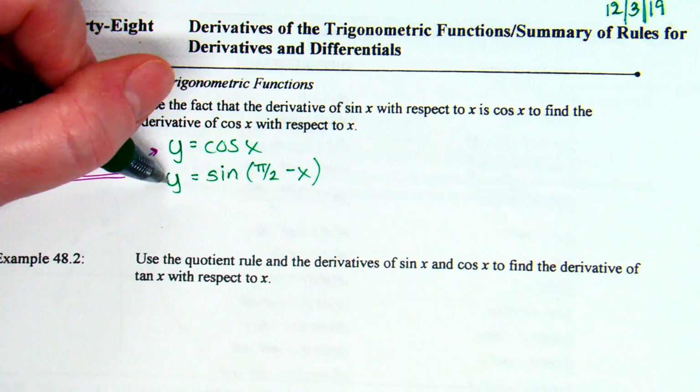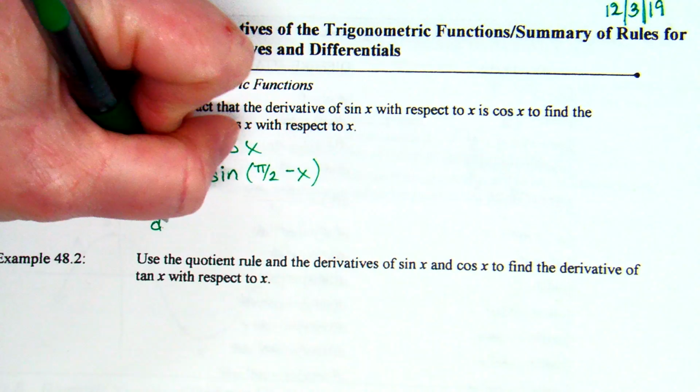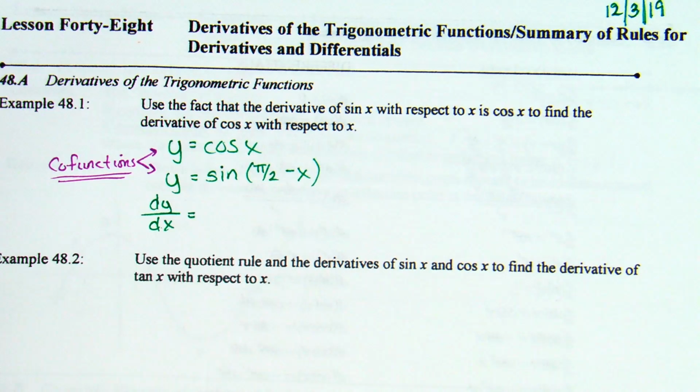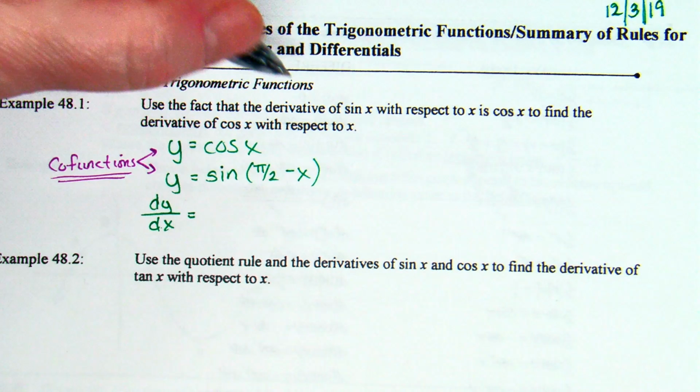So the derivative of y with respect to x, dy dx: the derivative of sine of something is cosine of something times the derivative of something. Remember your chain rule there? So the derivative of sine of pi over 2 minus x is cosine of pi over 2 minus x.